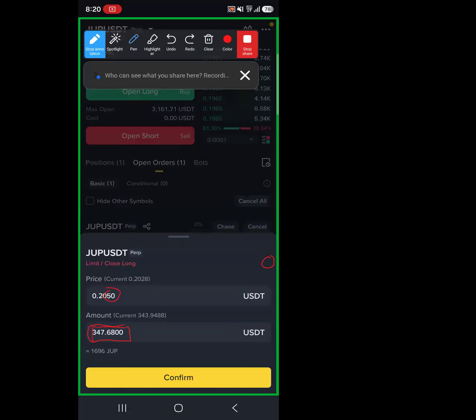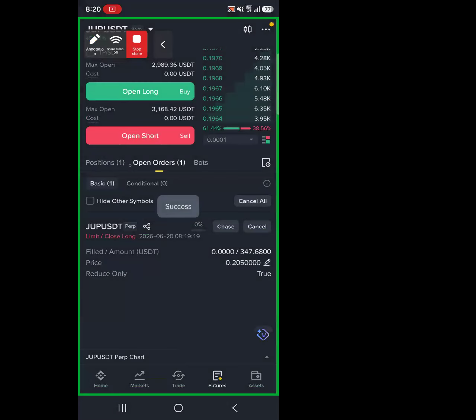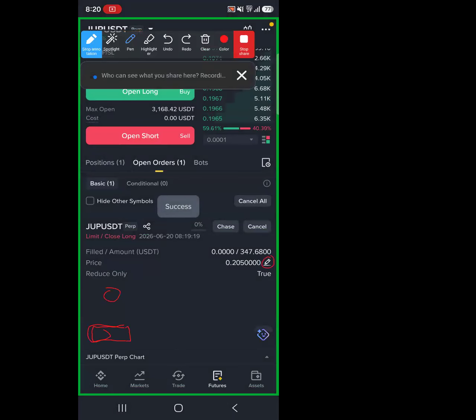So it means if I confirm, if you come here, this is what I expect to be filled on this side. So this side should be equal to that side for the system to close the trade officially.